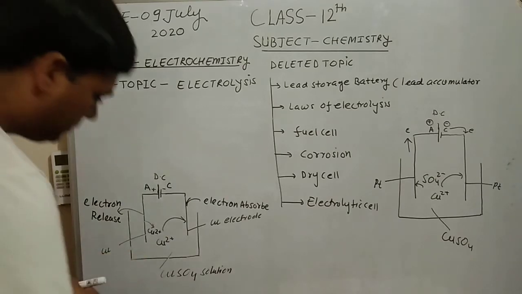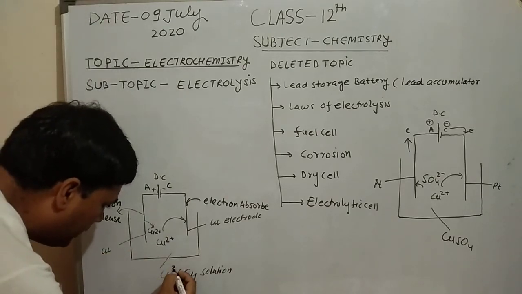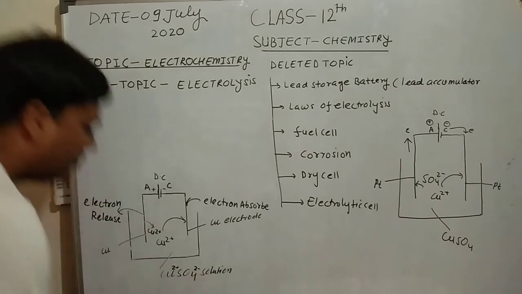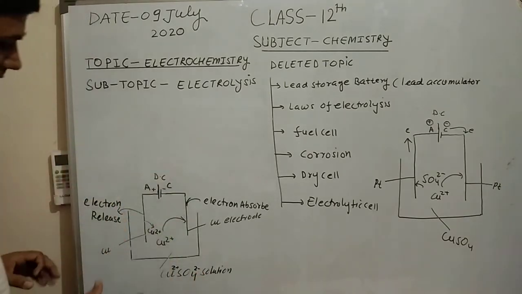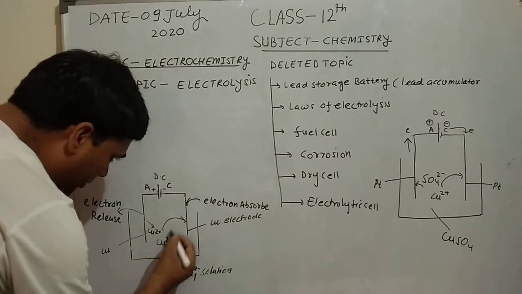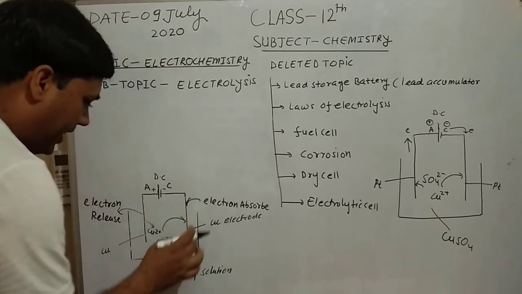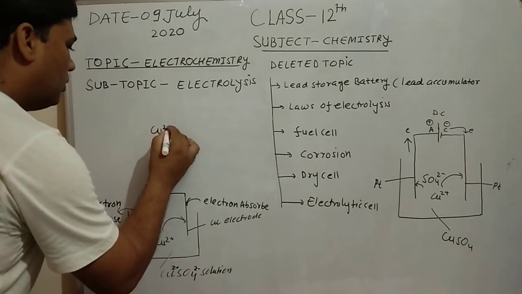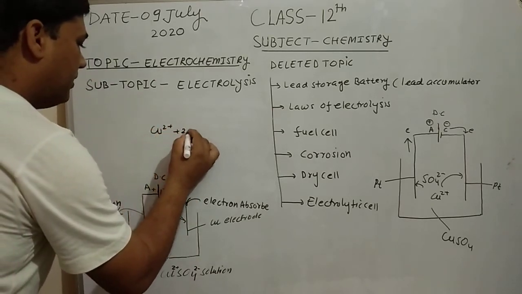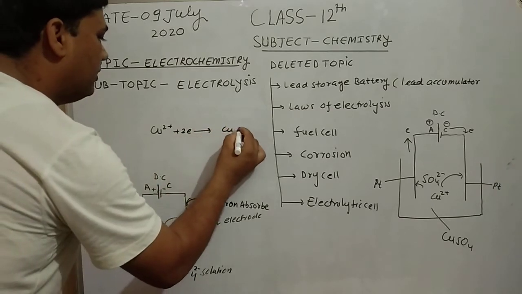First it is dissociated into Cu2+ ion and SO4 2- ion. When electricity is passed, the copper ion moves towards the cathode and discharges as Cu2+ taking 2 electrons and is converted into Cu solid.